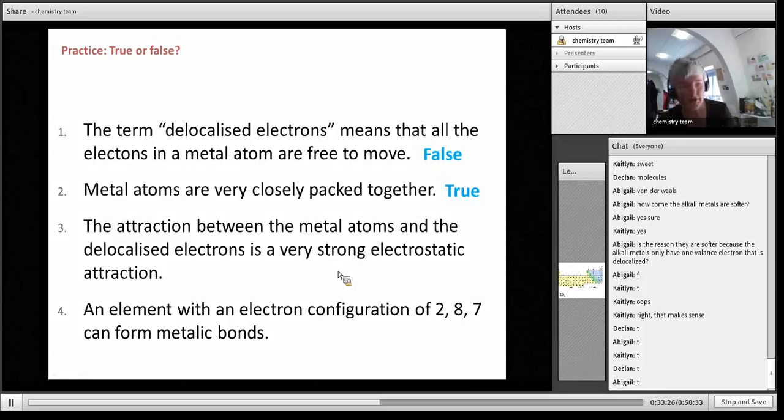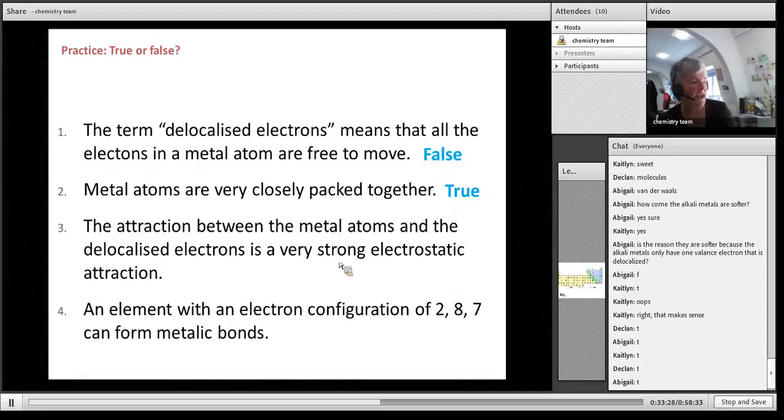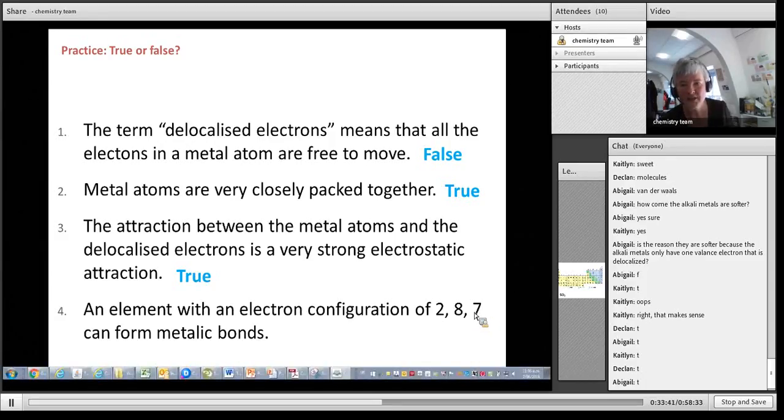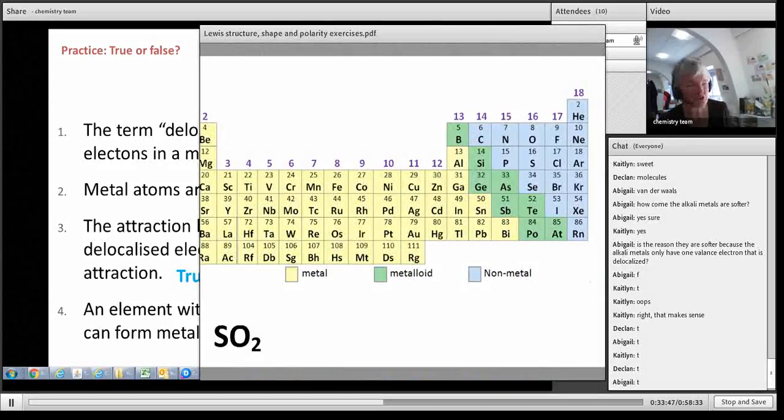The attraction between metal atoms and the delocalized electrons are very strong electrostatic attractions. True, correct, okay? And an element with an electron configuration of 2,8,7, this is where you fish out your periodic table to see what that element is, and I can do that here. Which of those elements are going to be 2,8,7?